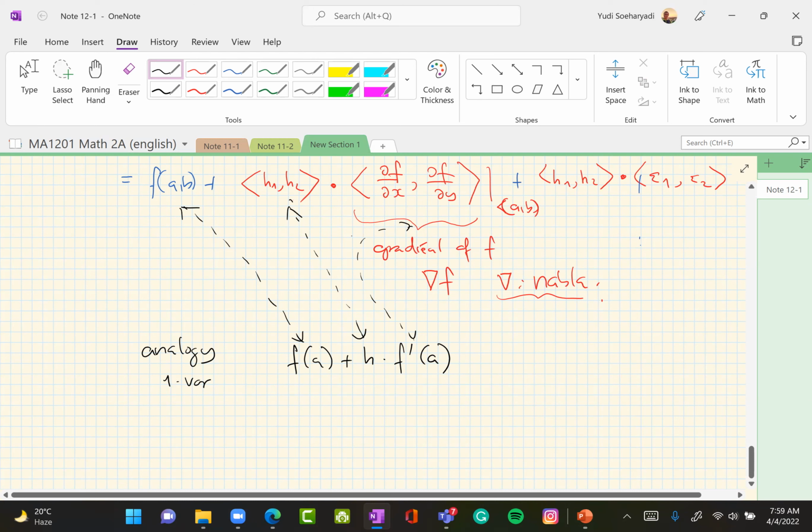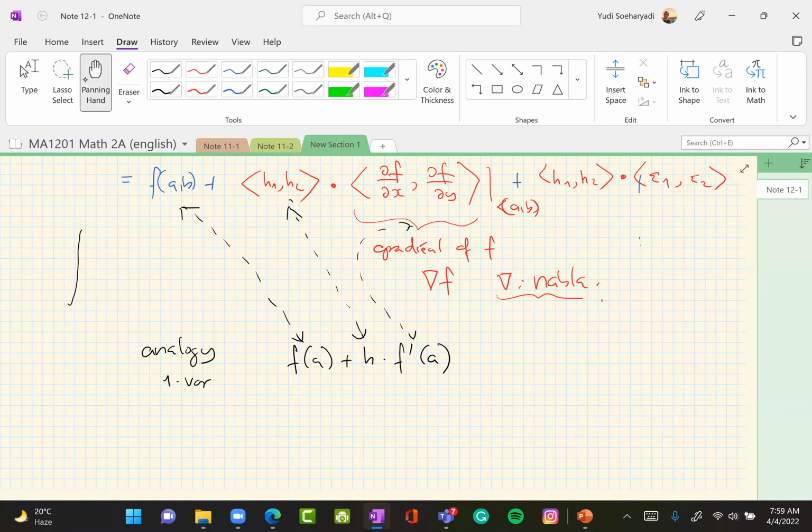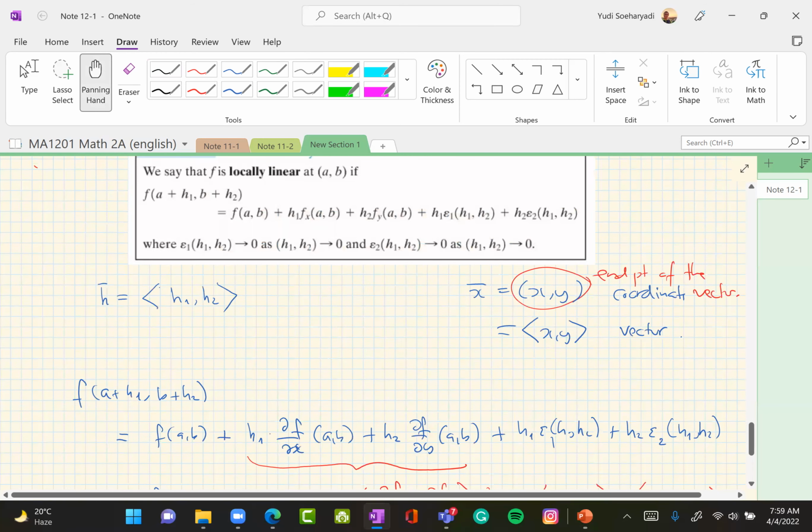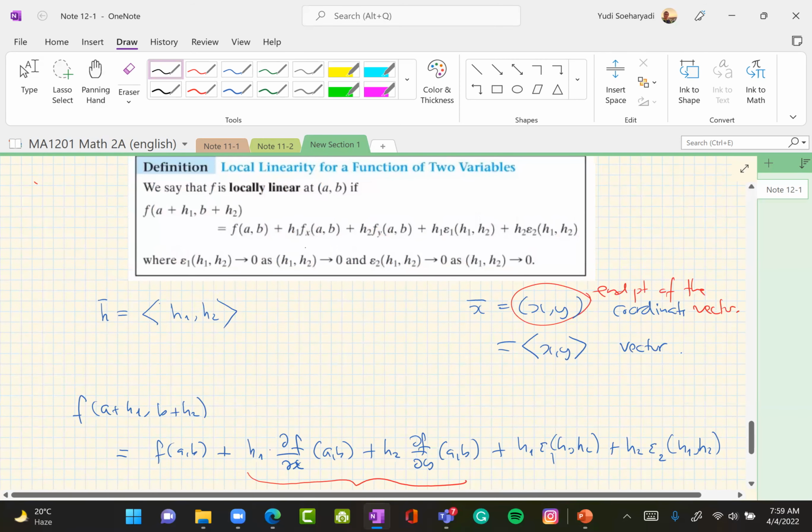Okay, this one. So basically, locally linear means that you can somehow approximate this using this times this one.